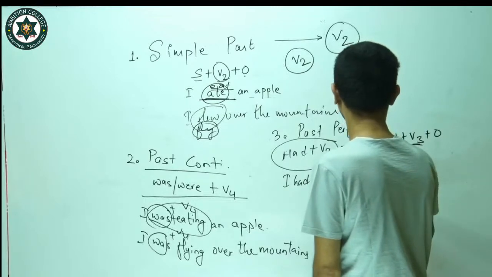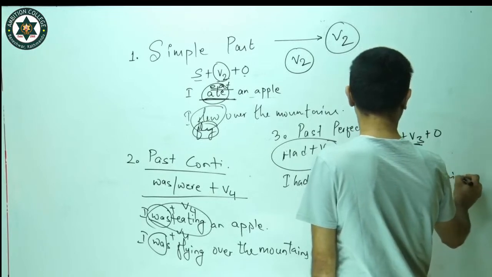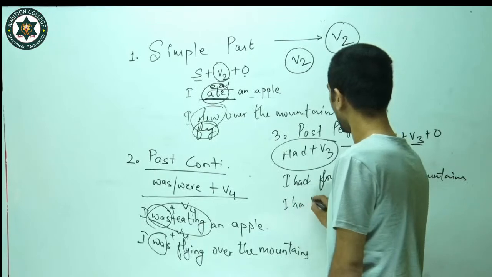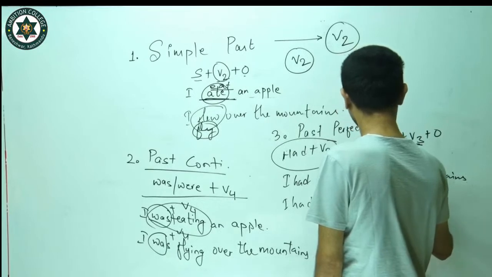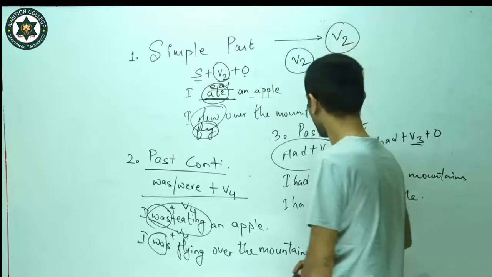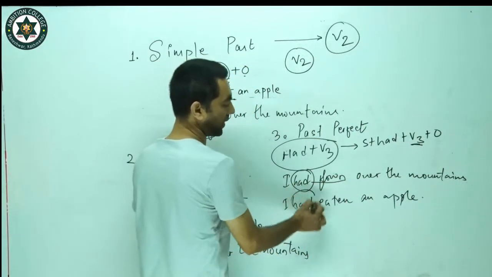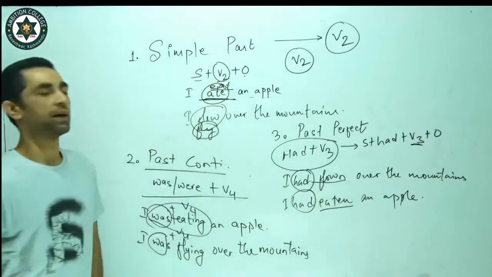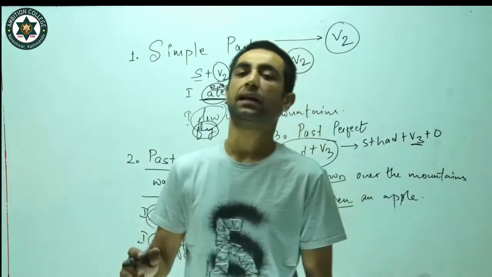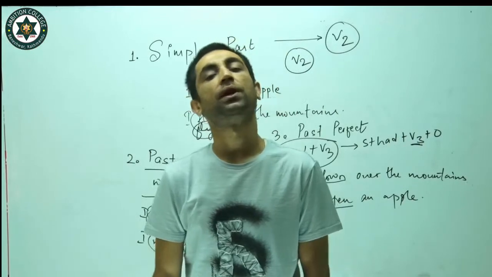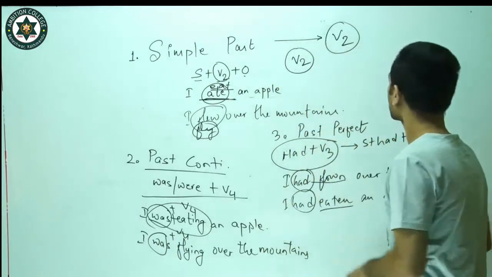I had flown over the mountains. I had eaten an apple. Now here for the perfect tense, we use had plus V3. So to talk about something that had completed in the past, we use this third structure, that is the past perfect.